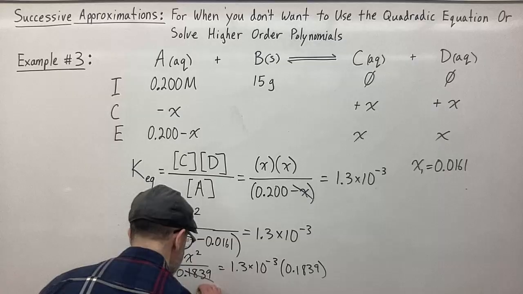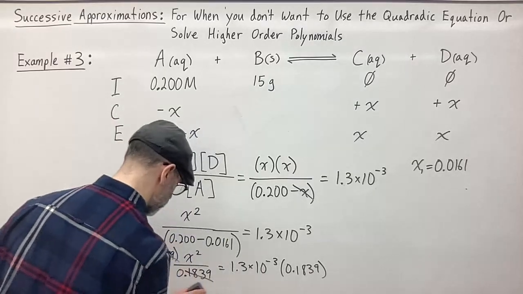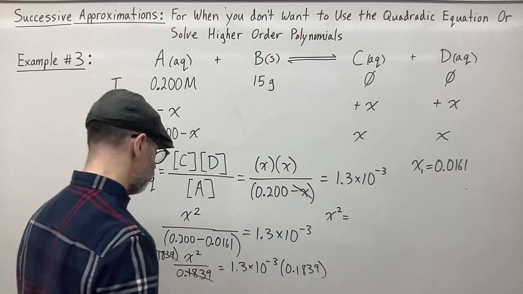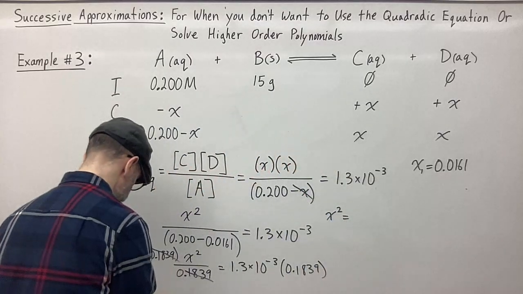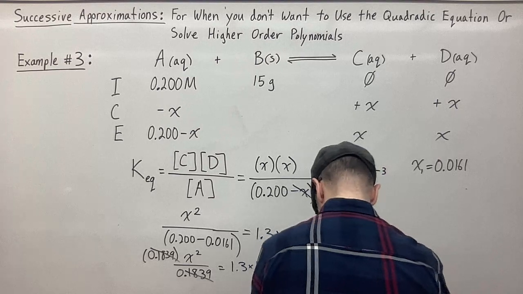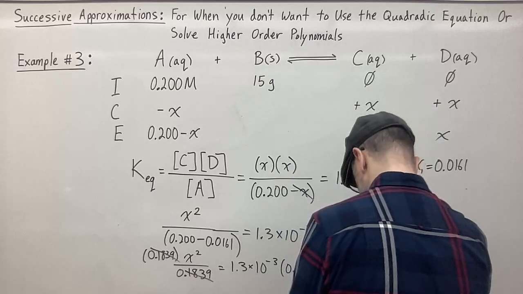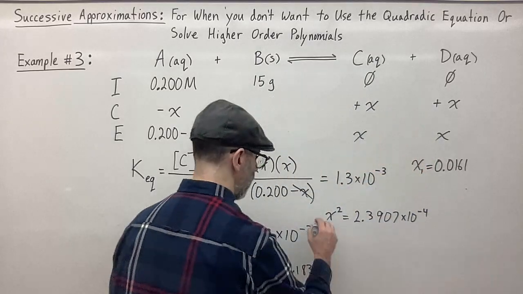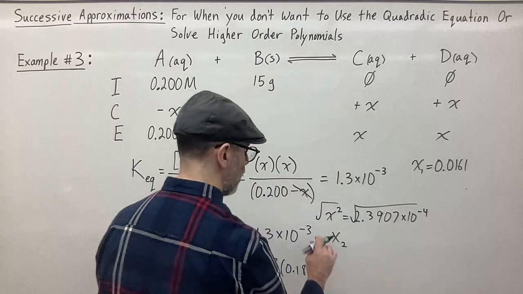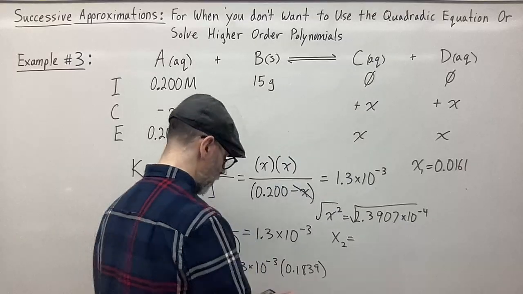So here I get x squared is equal to 2.3907 times 10 to the negative 4. And then I take the square root of both sides. So then I get x, and this will be my second x, x2. Let me calculate this.